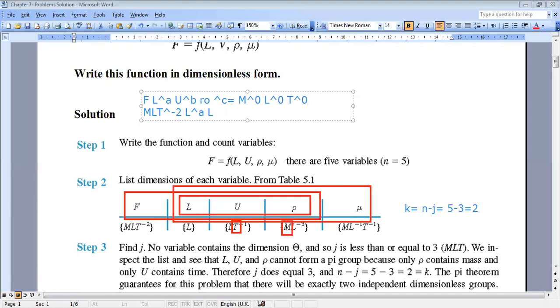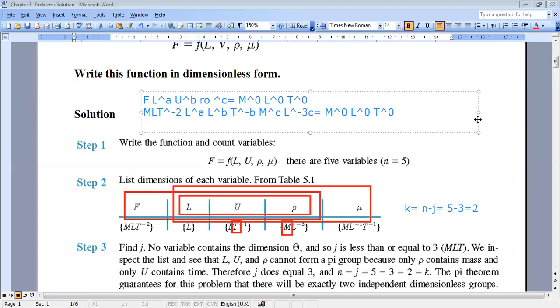So it's L to the power B times T to the power minus B. Now times rho to the power C. Rho is M L minus 3, so it's M to the power C times L to the power minus 3C, equals from the other side M to the power 0, L to the power 0 and T to the power 0.